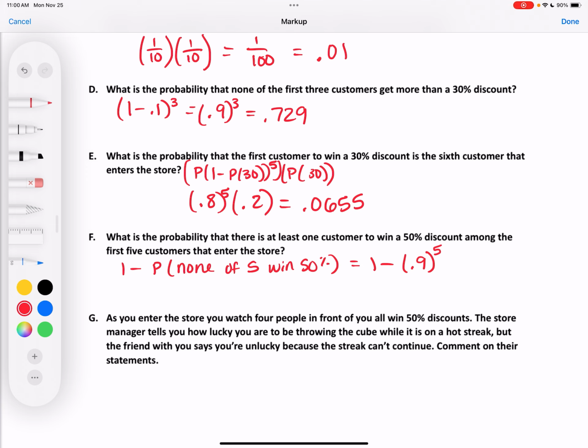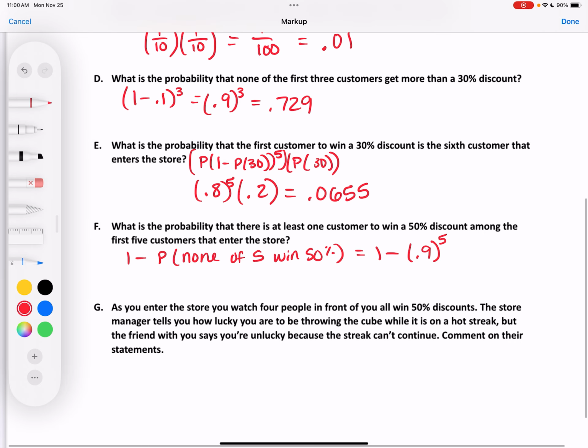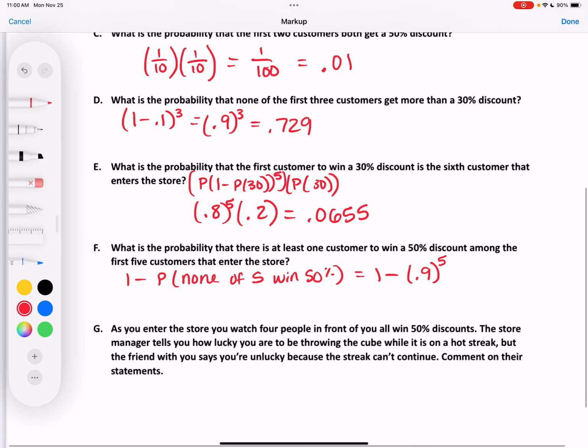Are we tracking? So basically, in this one, the first 5 people, none of them get a 50% is what I'm doing. So that is 0.9 raised to the 5th. Is that they get something other than that. I need 1 minus that to get my answer. The other one up here was the probability that none of the first 3 customers get more than a 30% discount.